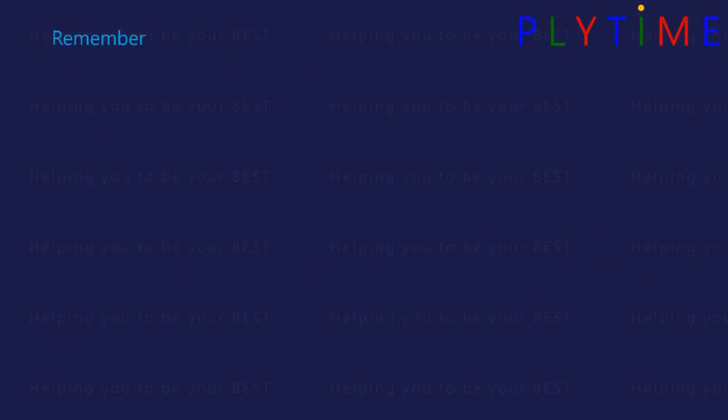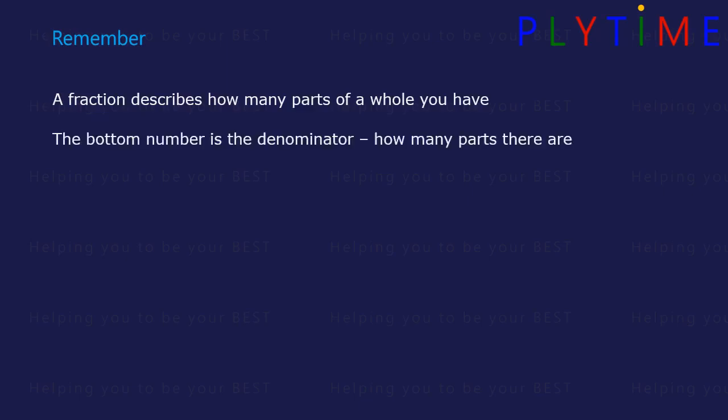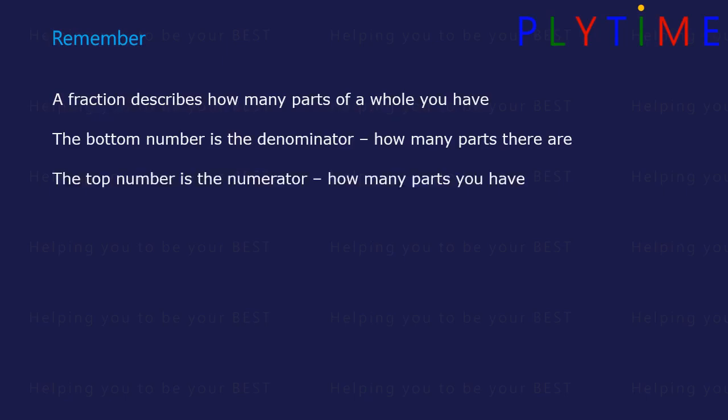Remember, a fraction describes how many parts of a whole you have. The bottom number is the denominator, how many parts there are. The top number is the numerator, how many parts you have. You can write fractions as numbers or words.